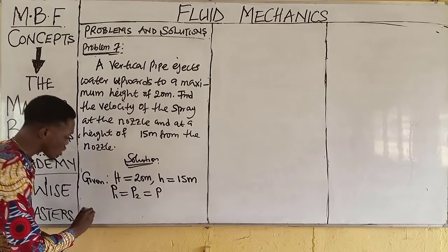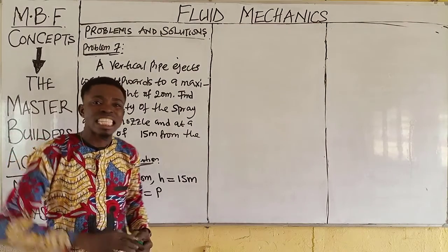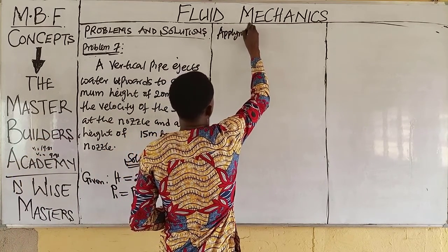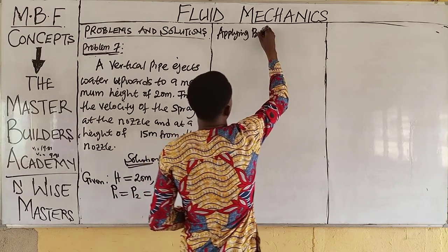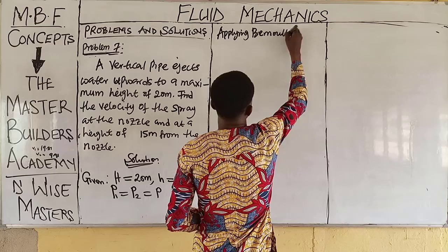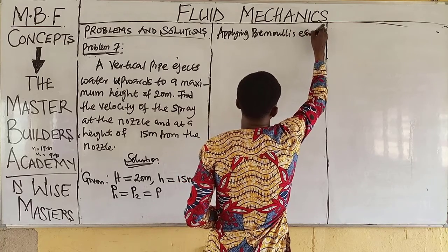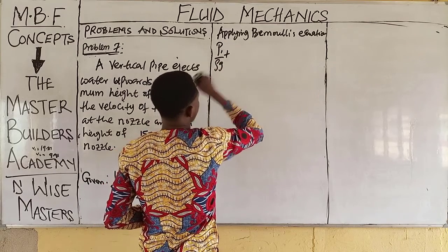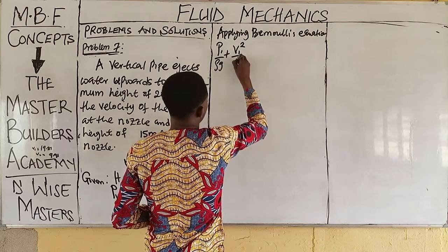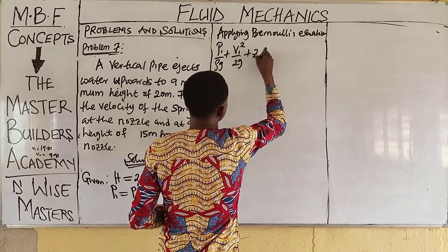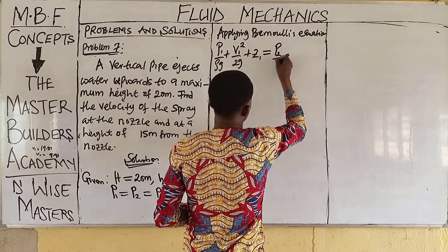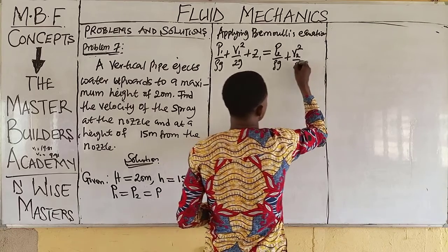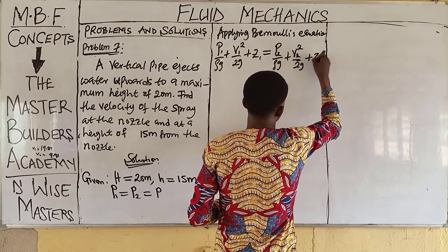All you need to do now is to apply the Bernoulli's equation. We recall that P1 over rho g plus V1 squared over 2g plus Z1 is equal to P2 over rho g plus V2 squared over 2g plus Z2.